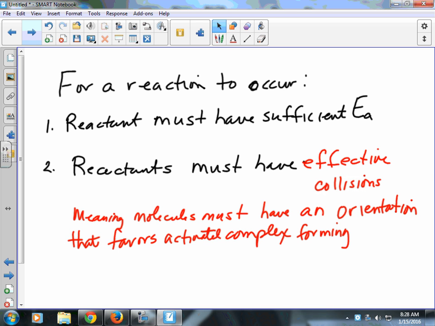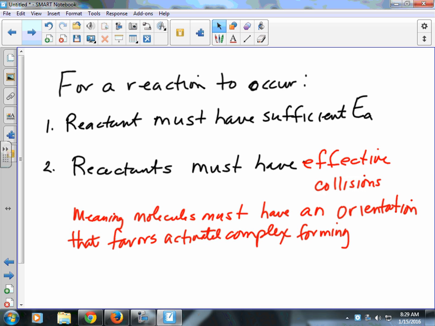So y'all back up to 584 for just a second. Okay, this is a reaction, and it tells in the caption of figure 11 that this is, oh, I read it wrong, BrNO reacting to form NO and Br2.